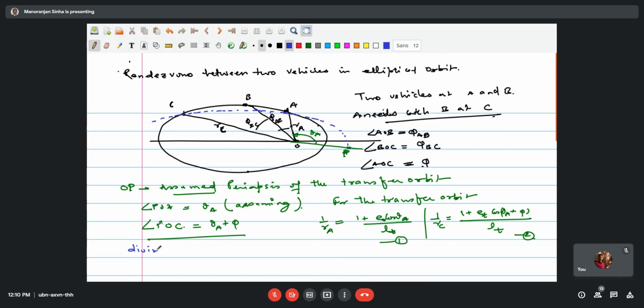Dividing one by two, or vice versa, 1 by 2 or 2 by 1, whatever you like. So this will be RC by RA. L to LC will cancel out.